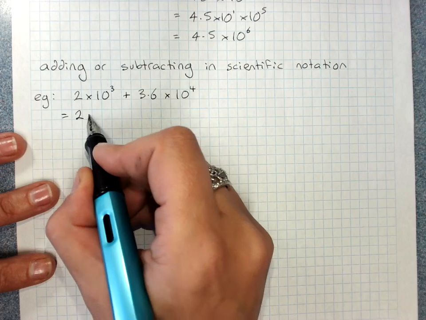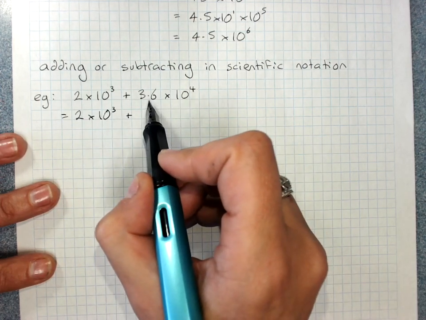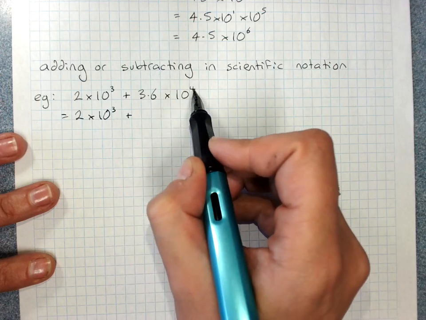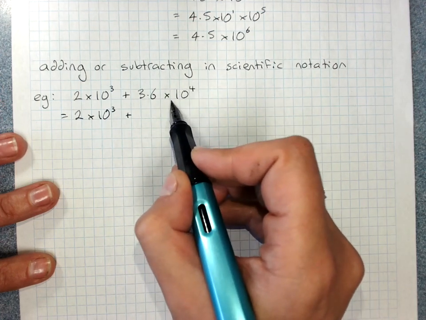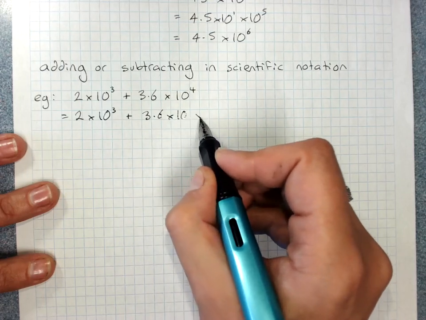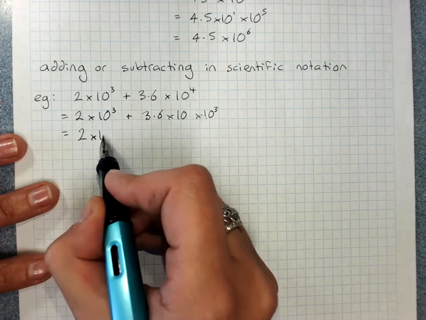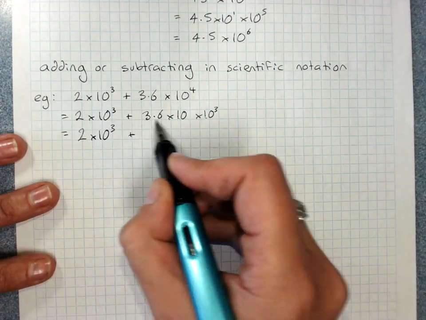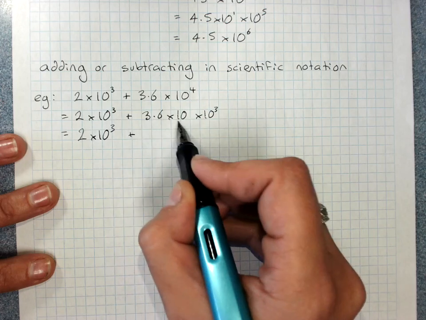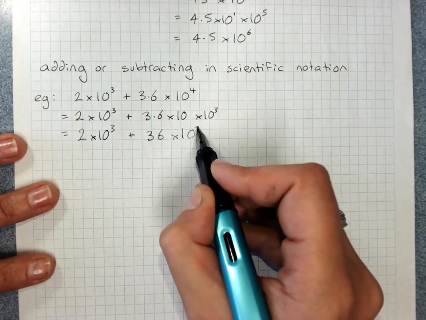So I've got 2 times 10 to the 3 plus, now I'm going to basically take this down to 10 to the 3, which means that's 3.6 times 10 times 10 to the 3. This one's staying the same. This is now 36 times 10 to the 3.